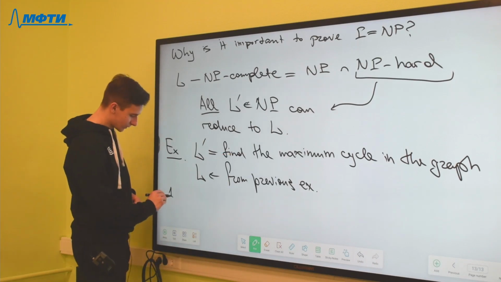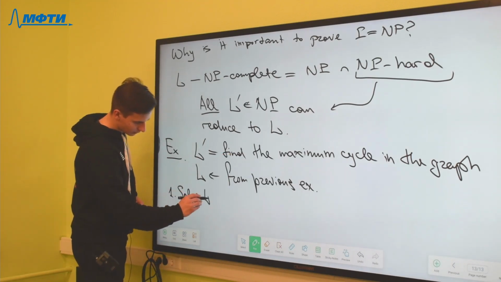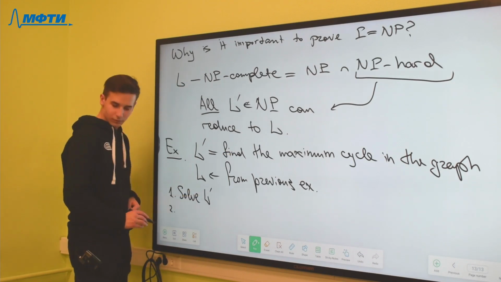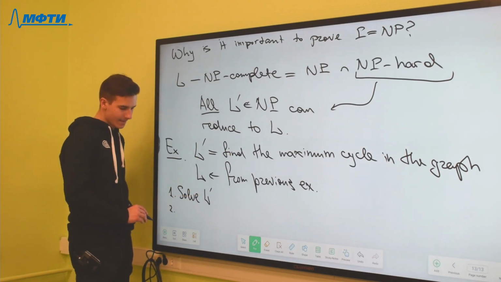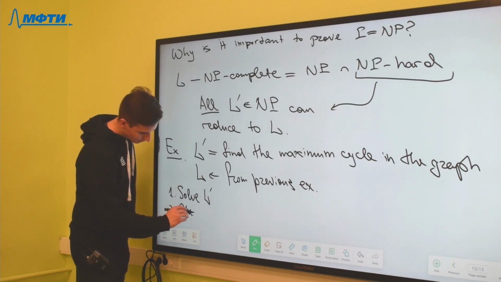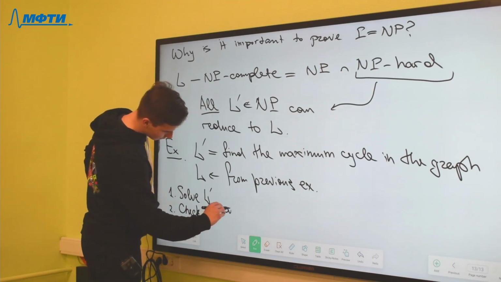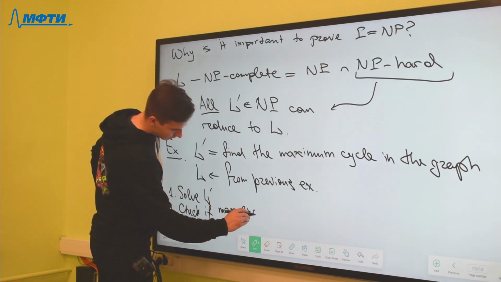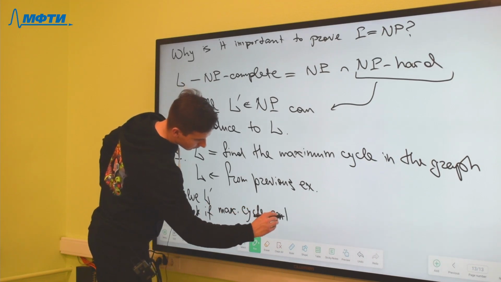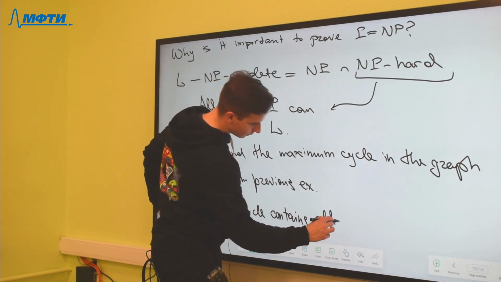So firstly, solve it, and then we check whether the maximum cycle contains all vertices.